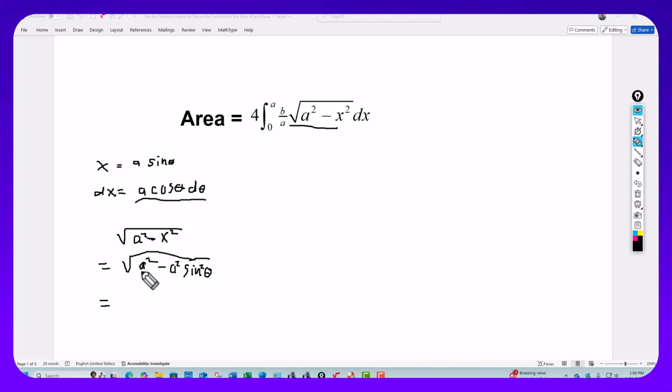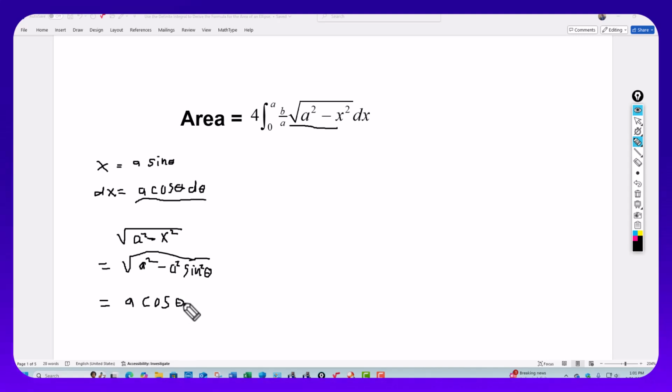If we factor out the a squared, that will leave me with a factor of 1 minus sine squared, and the square root of a squared is going to be a. Then using your Pythagorean identity, sine squared plus cosine squared equal to 1, the 1 minus sine squared comes out to cosine squared, and the square root of that is cosine theta.